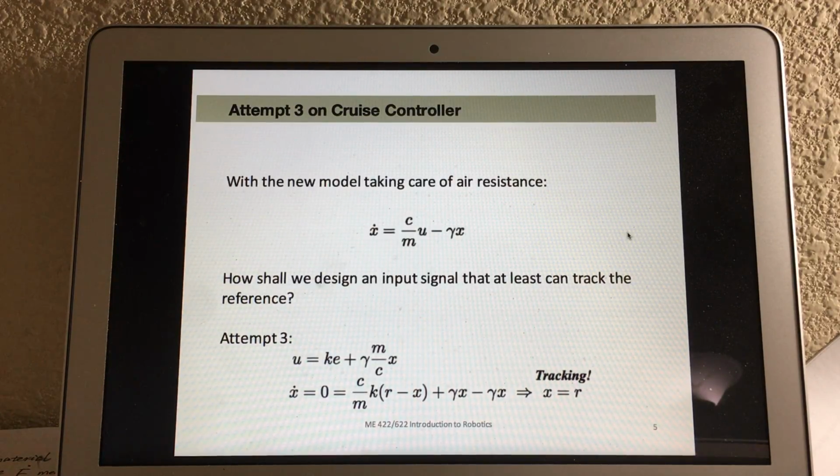By looking at this, you probably will realize this: the k, you can set a value, and the e you can measure, since you have the value of the reference and you can measure the speed at any time. But you also need to know gamma beforehand, which is the air resistance, and you also need to know the m and the c, where m is the mass of the car, and c is what we said is a lumped parameter.